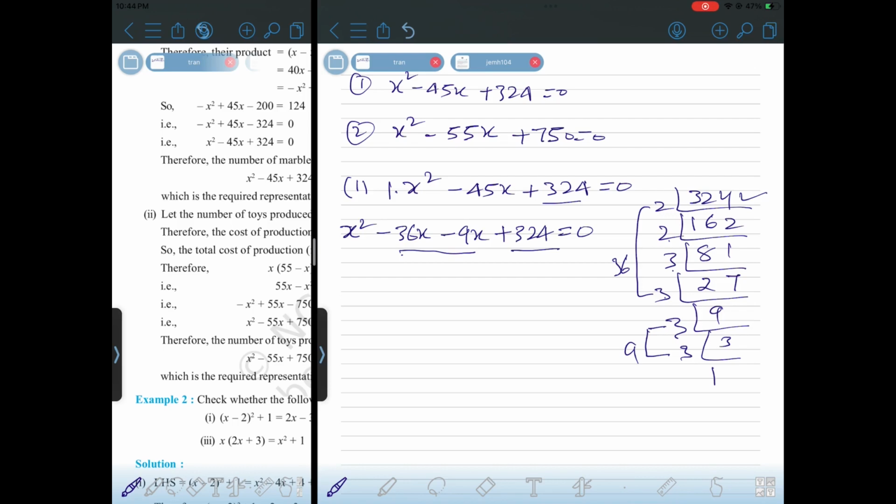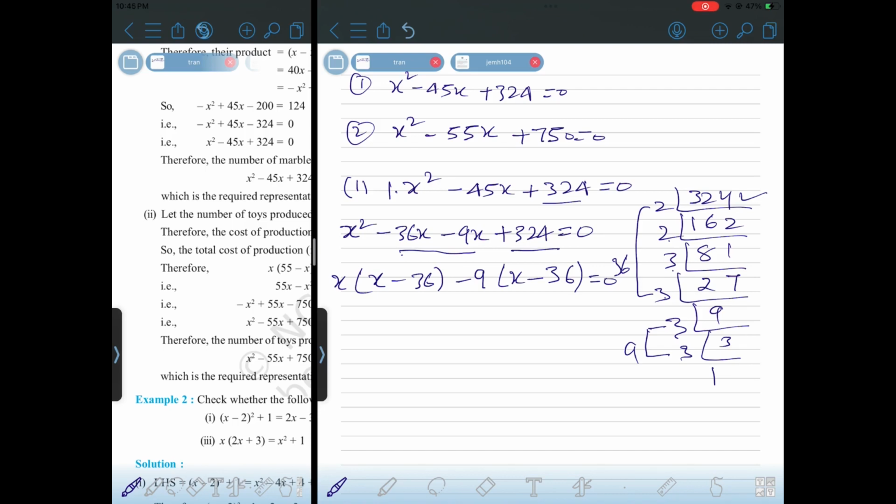Now we can take x common from here, that is x minus 36. Then we can take minus 9 as common here, that gives x minus 36, because it is minus, so when you take it common, it becomes minus here. 9 sixes are 54, so you get 36 again, equal to 0.